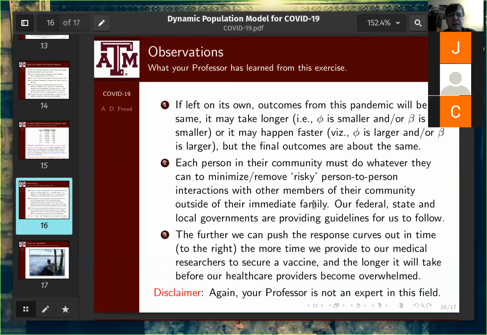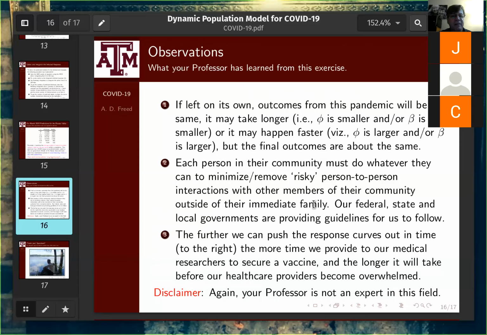What I did learn is if you leave things on their own, the outcome's not going to be changed very much. It may happen faster or it may come about slower, depending upon the rate of transmission and the rate of interactions. But the thing is going to live through its cycle.